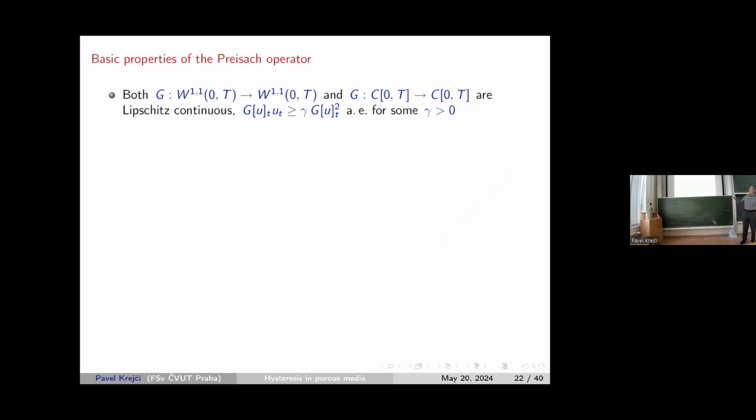And we have, so this is what I said, that if u increases, then G of u increases. So G(u)_t times u_t is greater than or equal to |G(u)_t|^2. But information about G(u)_t does not give any information on u_t. u_t is bigger.